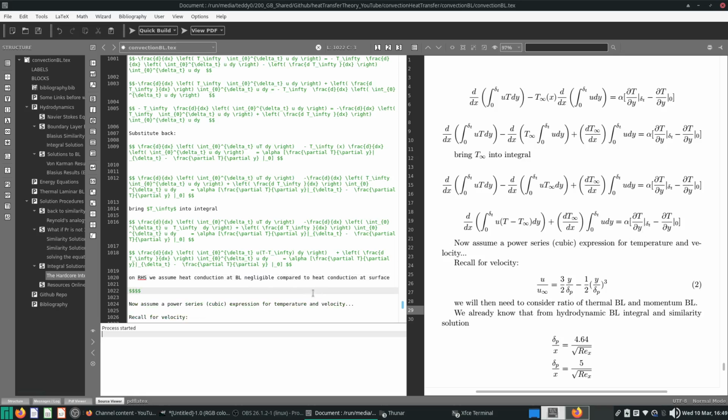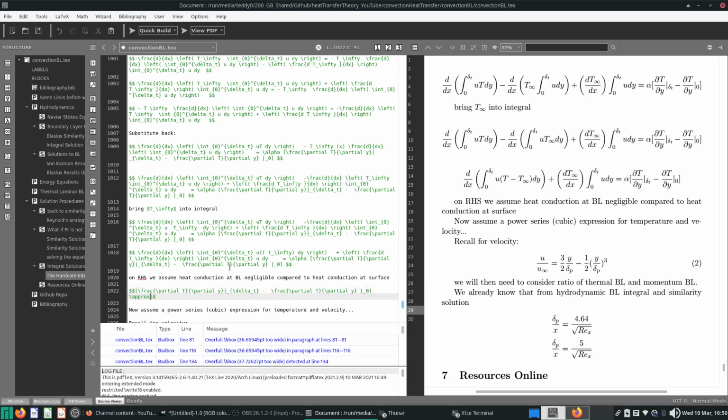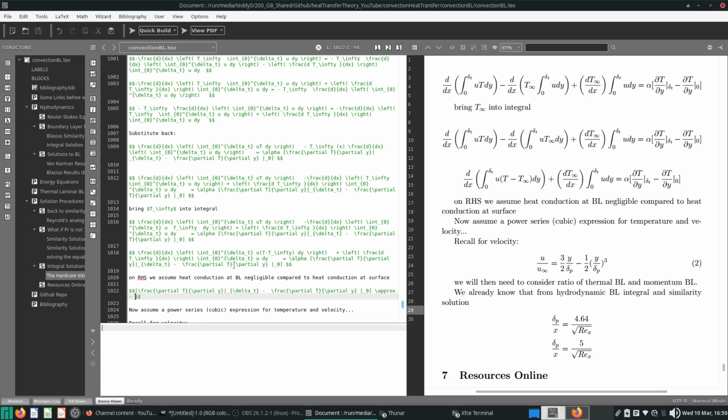So what am I trying to say here? For the right hand side, it is just approximately minus the fraction. This is an order of magnitude thing.